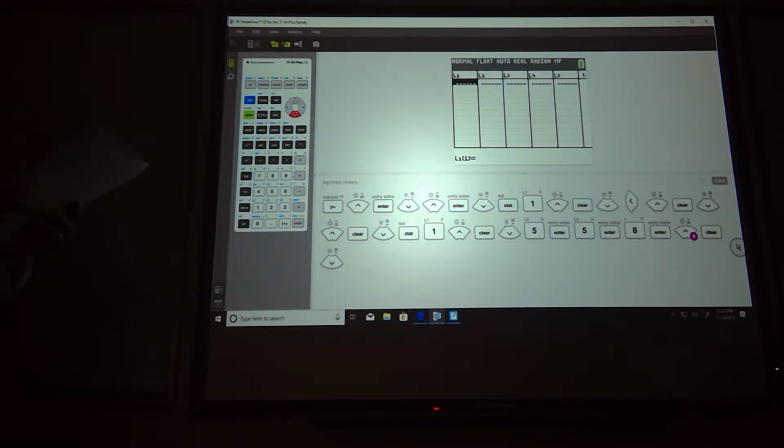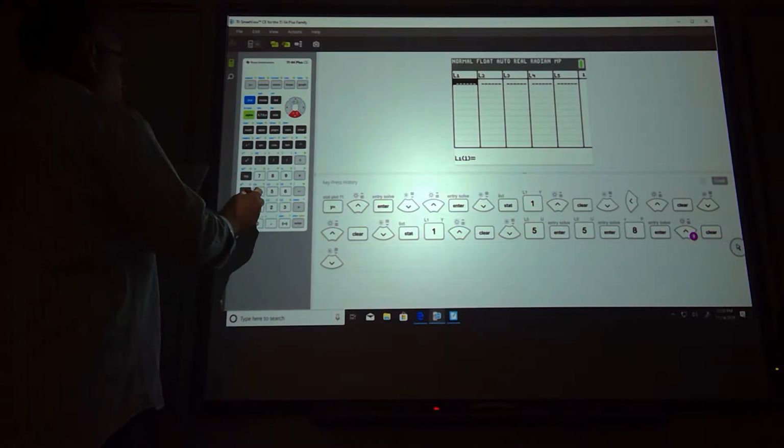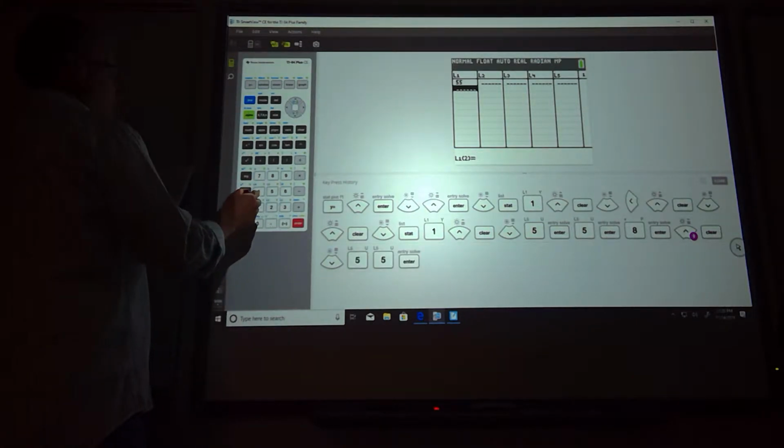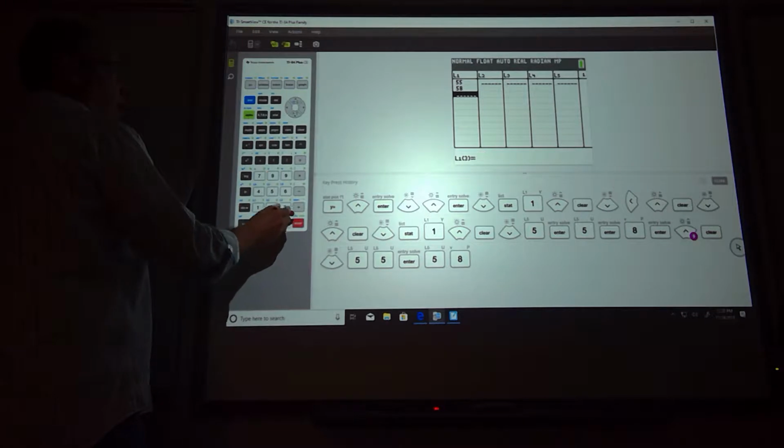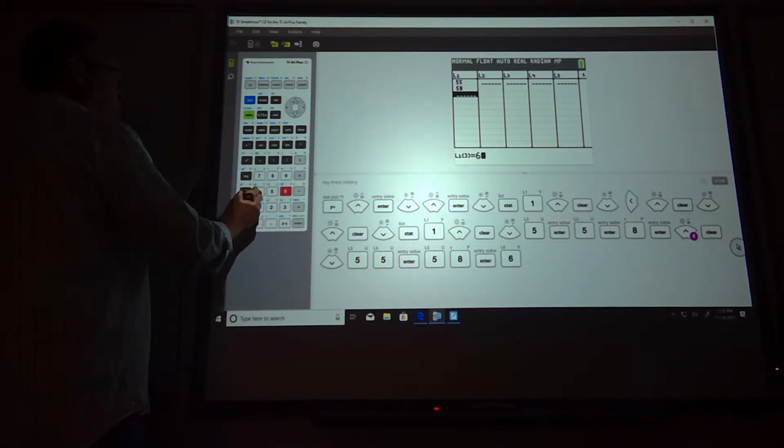Everyone ready? All right, so I'm going to put temperature down in L1. And remember, if you make an error, use the arrows to move back up.